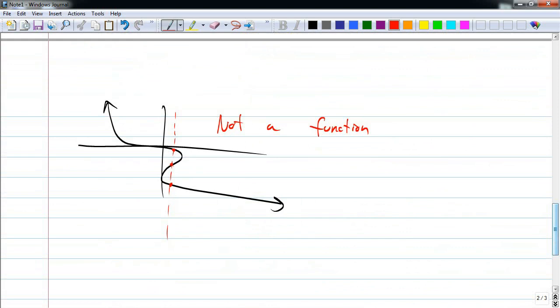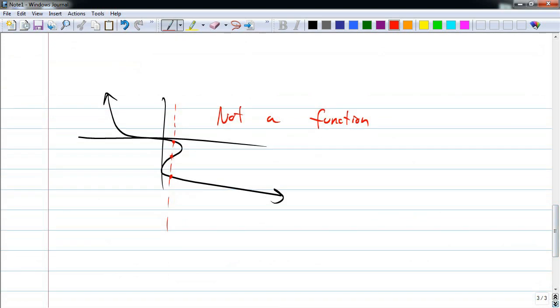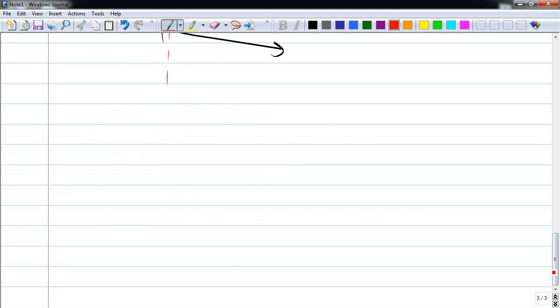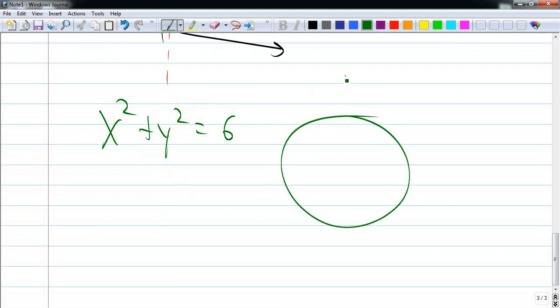For what we are doing, most of our functions that we are interested in are equations. Okay, and to be honest, most of the equations that you can think of offhand are functions. An example of something that is not a function is this, a circle, and a circle fails the vertical line test.